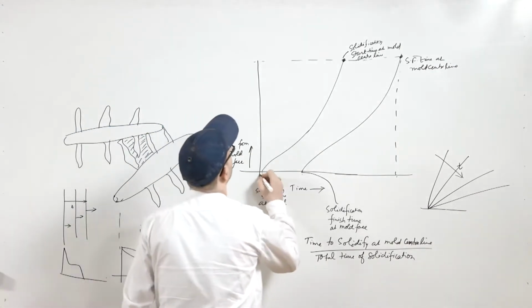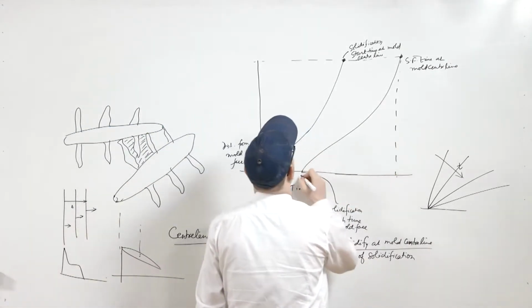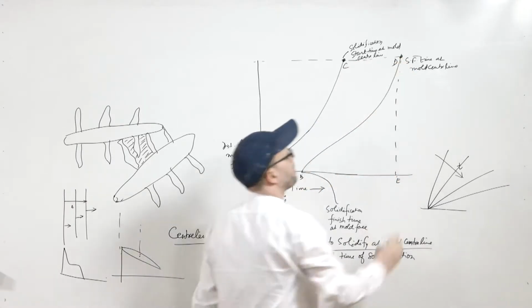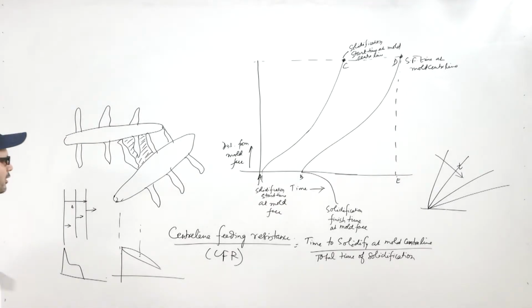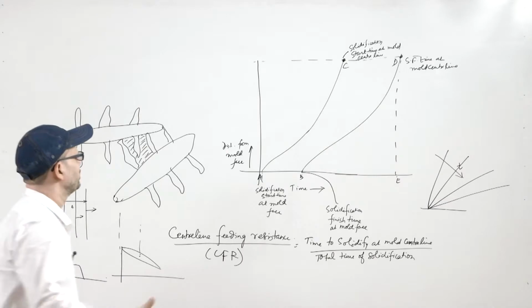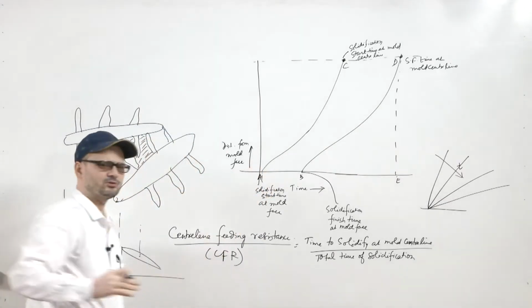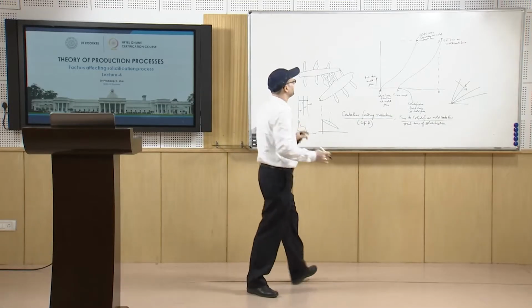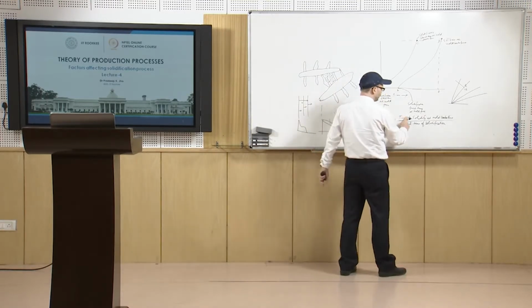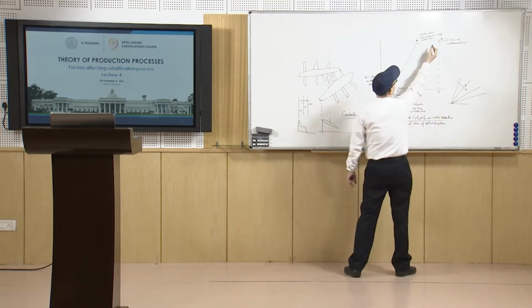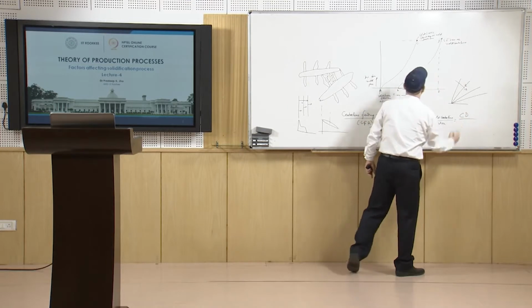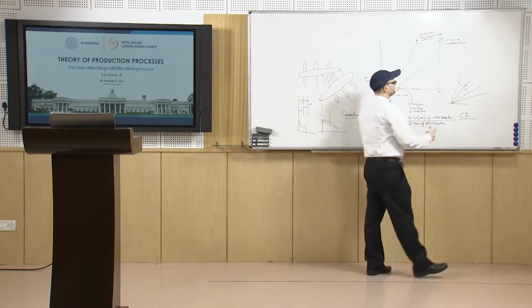If you take this point as A, this is B, this is C, this is D and this is E. Assuming that normally the solidification will start at the face as soon as it is poured into the mold, you can take this as the origin, and the time to solidify at mold center line will be CD. So it will be CD divided by AE.